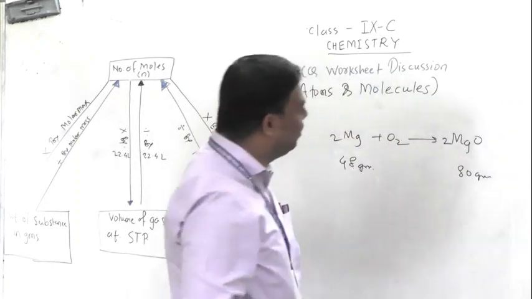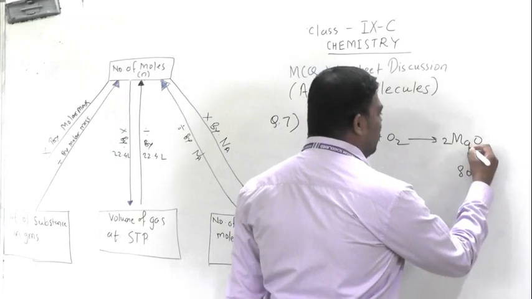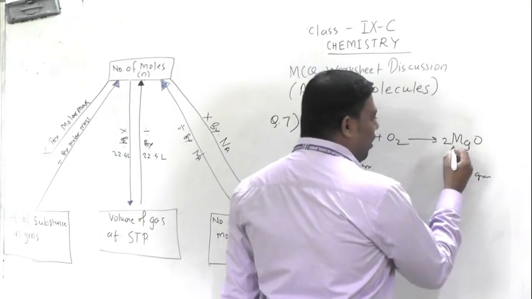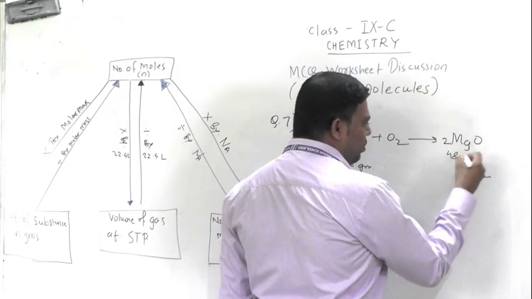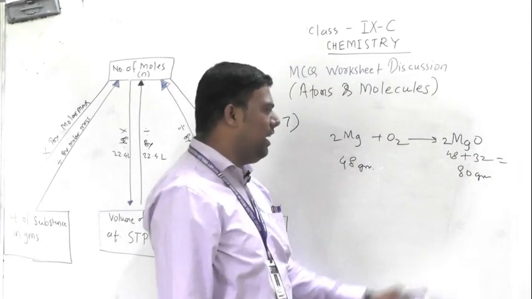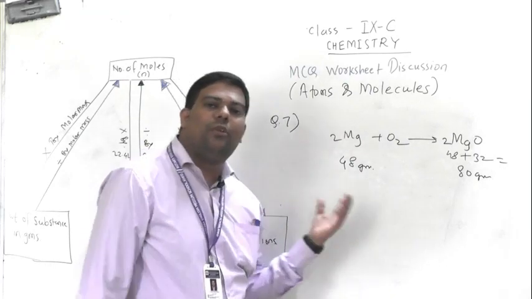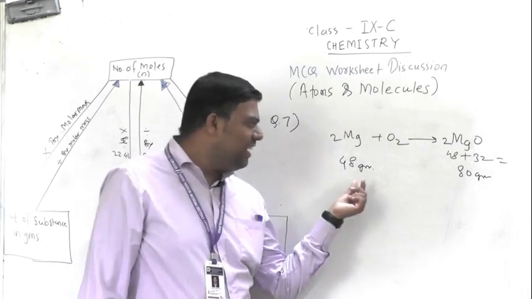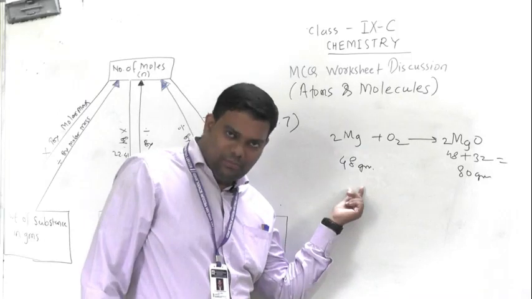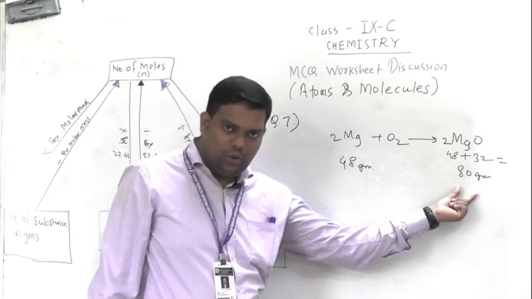So 2 Mg is 48 plus these 2 oxygen 32. So you will get 80 gram. It means 48 gram of magnesium burning with oxygen gives 80 gram of MgO.